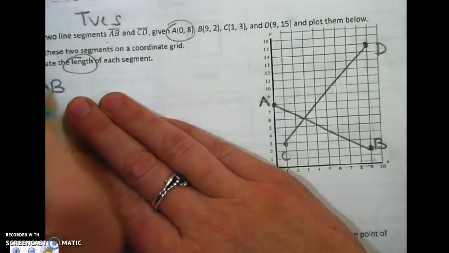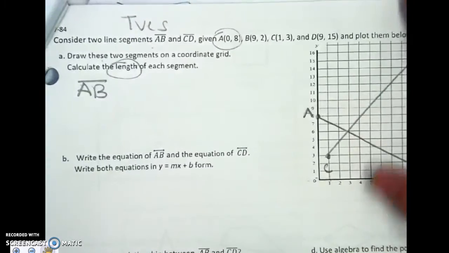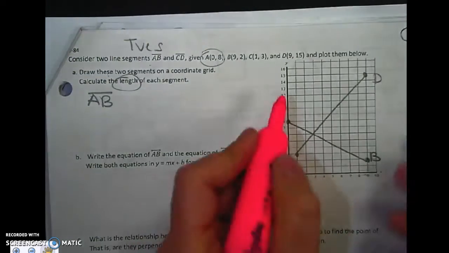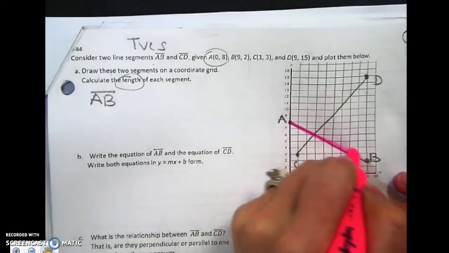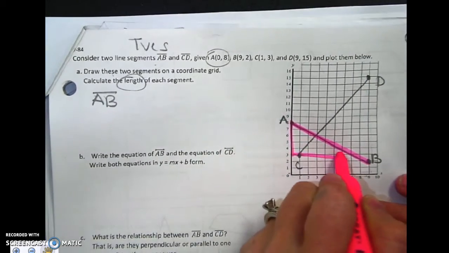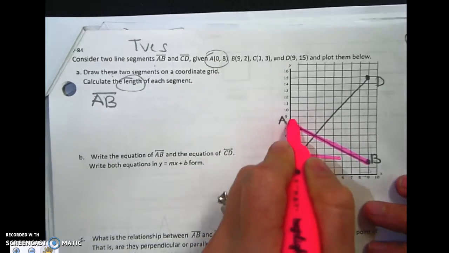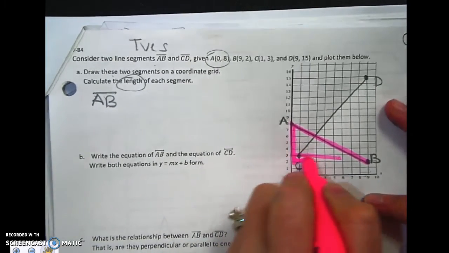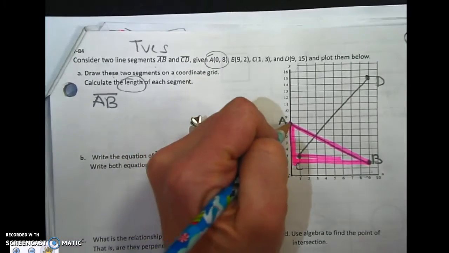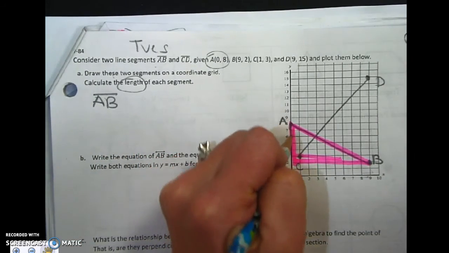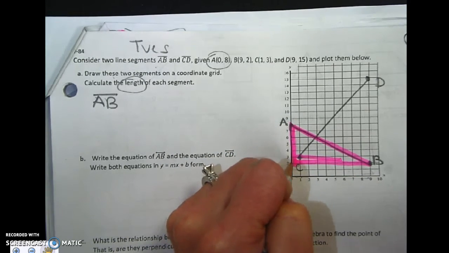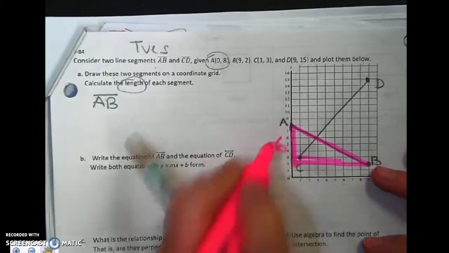So AB. If we're finding the length of AB, I want you to look here. And when you look at AB, I could make a triangle. And if you look at the distance, 1, 2, 3, 4, 5, 6. So this is 6.